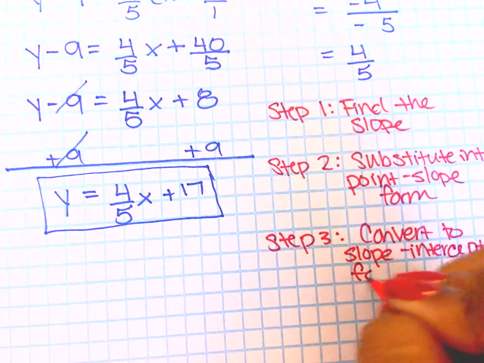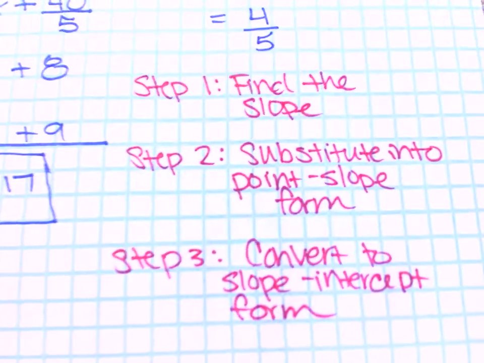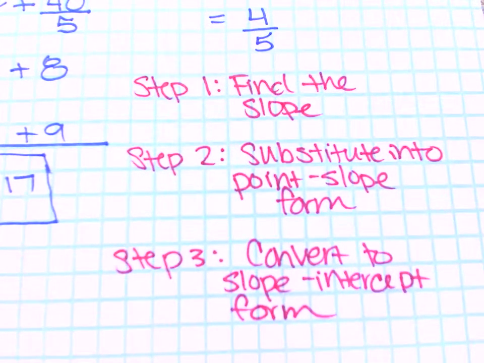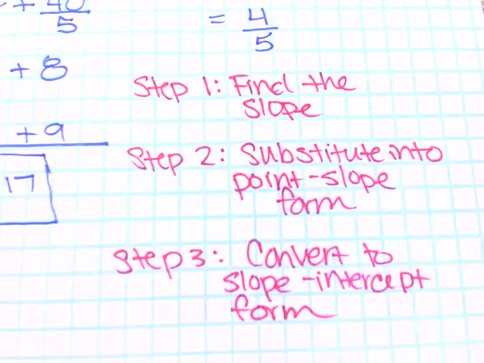Please write down these steps next to your work. I'll zoom in. Find the slope, substitute into point slope form, and then take that form and put it into slope-intercept form. The last part's easy. That's the hardest part of the whole lesson. Once you have those steps, put your pencil on me.